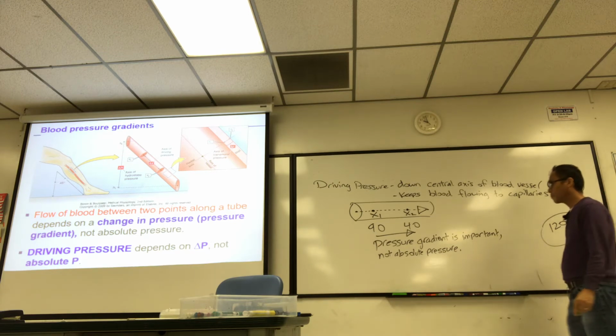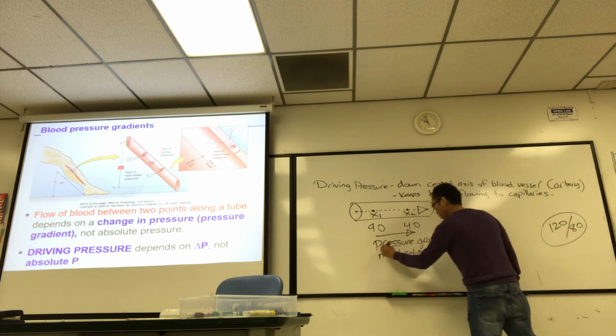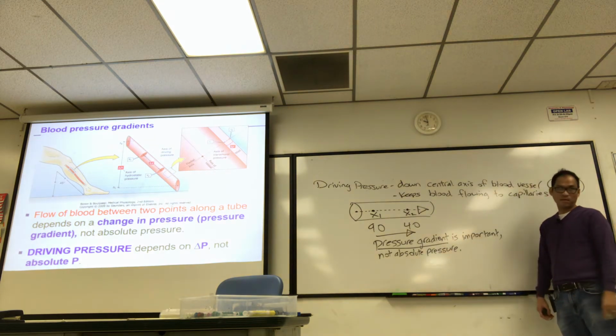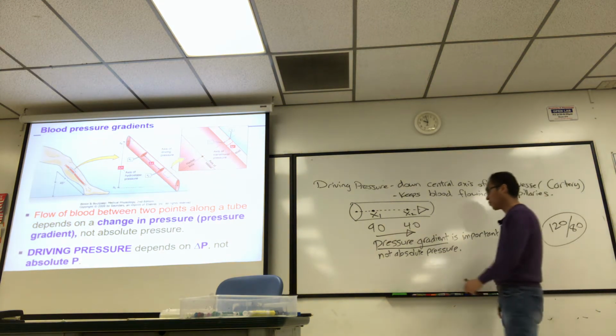So look at my pressure gradient here, 90/40. What's the gradient? 50. Good, we have a pressure gradient, blood can flow.